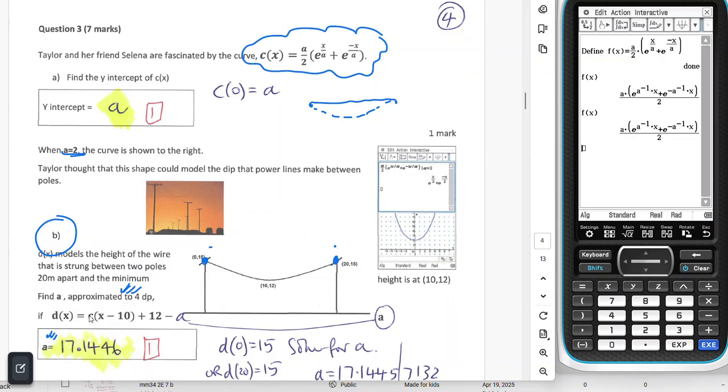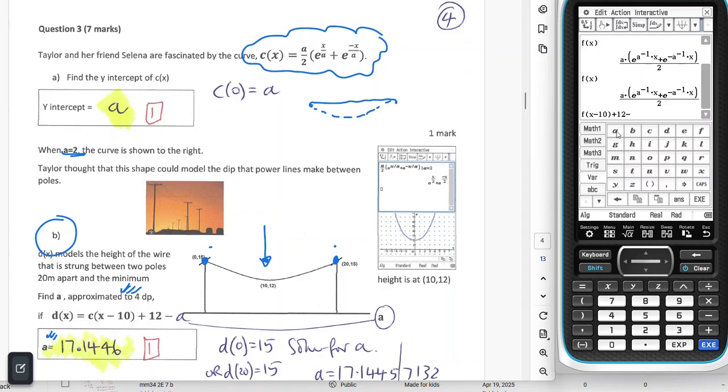So in my expression, which is d, and d is this particular power line, d of x equals f of x minus 10 plus 12 minus a, and I don't know what a is. And that's given to me in the question. That determines my turning point. I've moved this way 10, so minus 10, and I've moved up 12. So that's where my turning point is, at 10, 12, hence the minus 10, the plus 12.